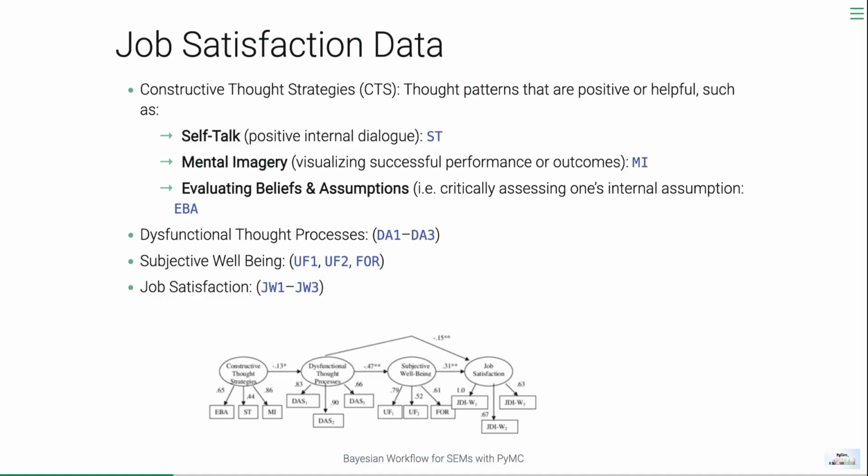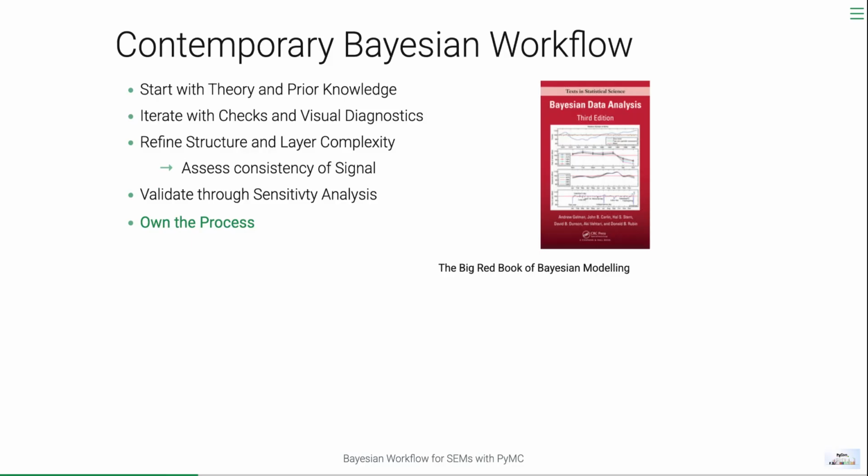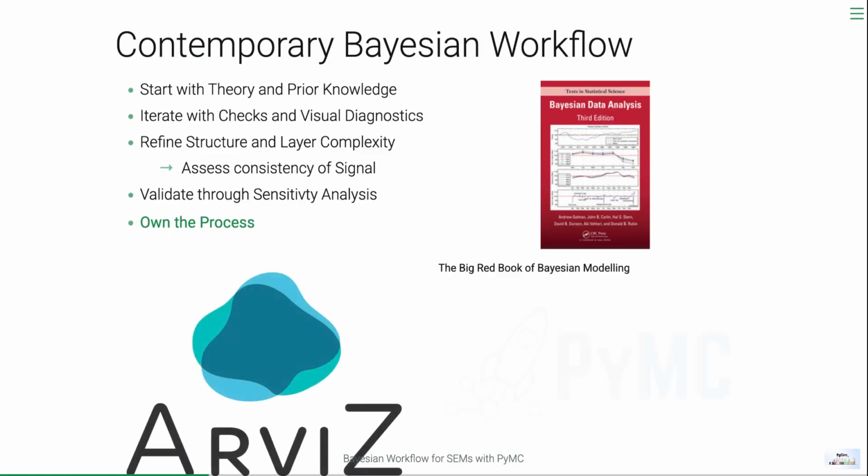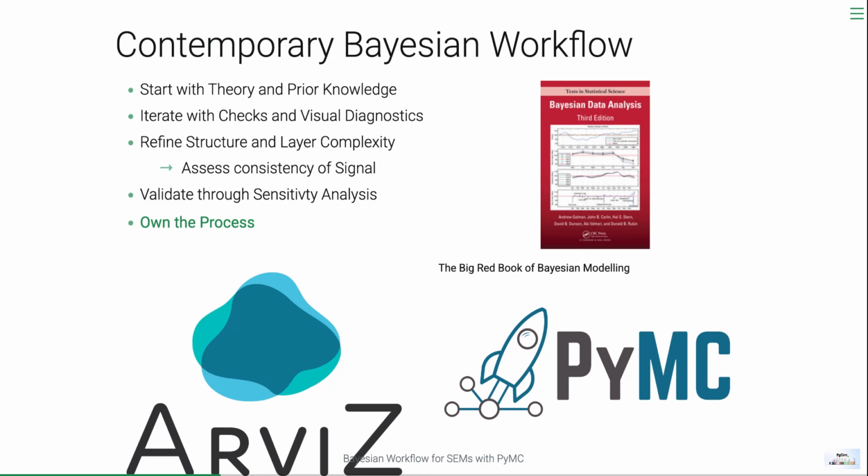Okay. We're going to apply the contemporary Bayesian workflow, which was made famous by Andrew Gelman and Cosma Shalizi. There's a nice paper on it. We're going to use modern tools like ArviZ and PyMC. But the broad thought for the contemporary Bayesian workflow is to start with your theory and your prior knowledge, iterate with checks and visual diagnostics, and refine the structure of your model as you encounter obstacles and want to improve it.